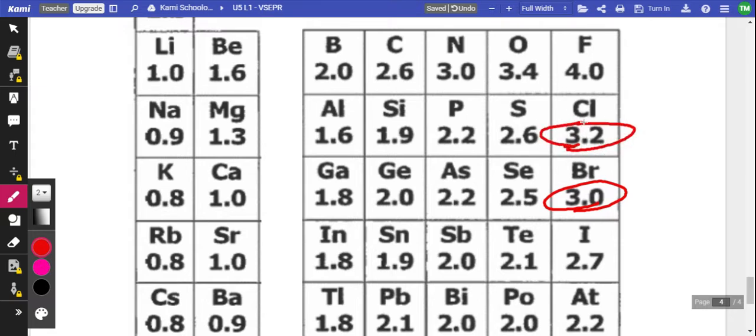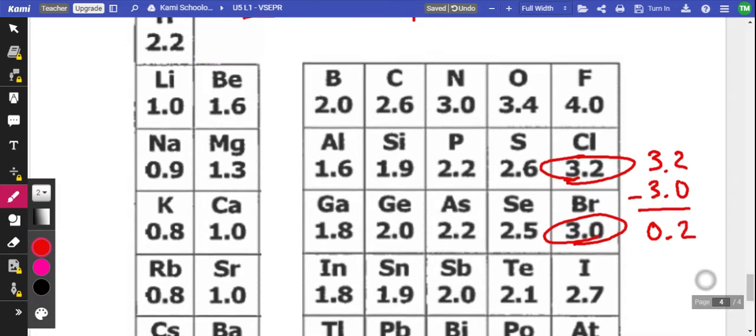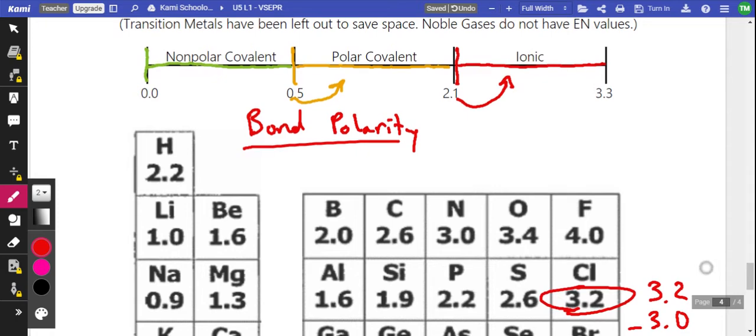If I find the difference, 3.2 minus 3.0 leaves me with 0.2. Where does that land me on my chart? Somewhere in here. So this is a nonpolar covalent bond. It's fairly well shared across the bond. It's pretty even.